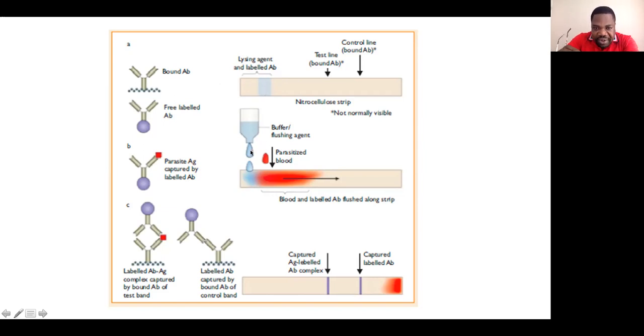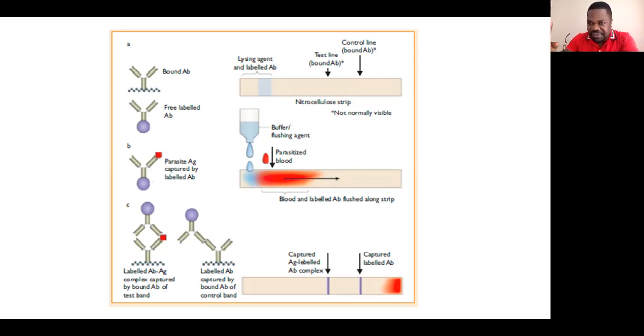Then when you add the buffer, it allows the blood to progress on that nitrocellulose strip, to try to see where the test, what we call the bound antibody, is. Because from here, the parasite antigen will be captured by the labeled antibody.